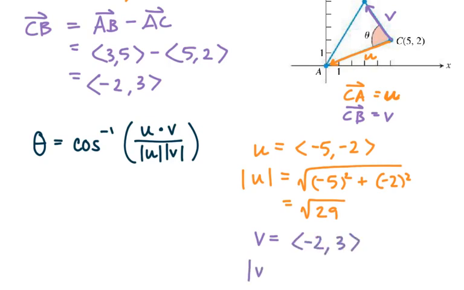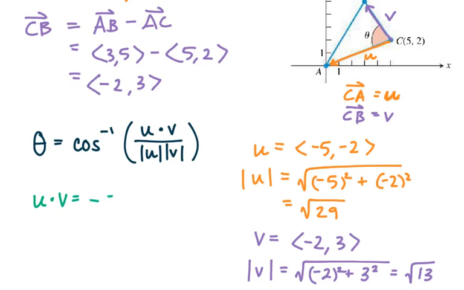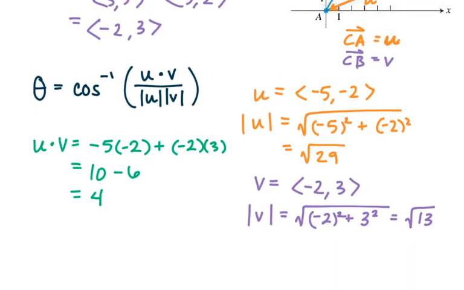So the magnitude of v is the square root of -2 squared plus 3 squared, or the square root of 13. And u dot v is going to be -5 times -2 plus -2 times 3, or +10, take away 6. u dot v equals 4.